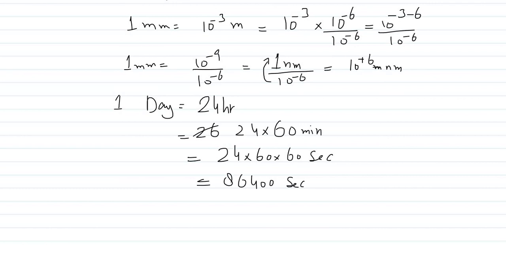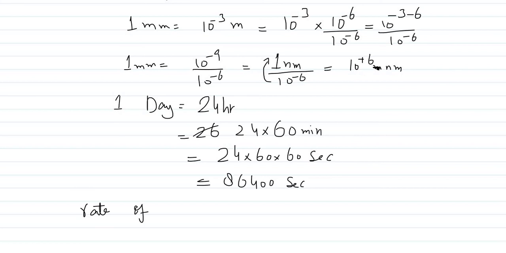If we combine the value of 1 millimeter, that is 10 raised to power 6 nanometer, and the value of 1 day converted into seconds, here we get the rate of growth of hair.